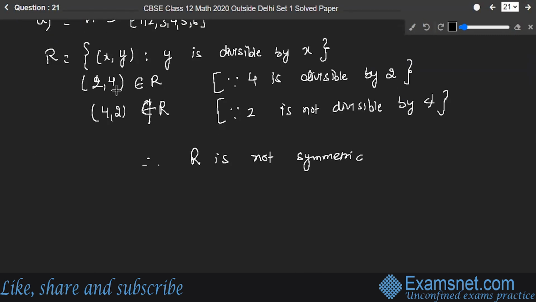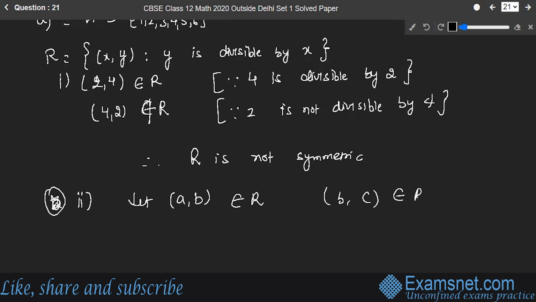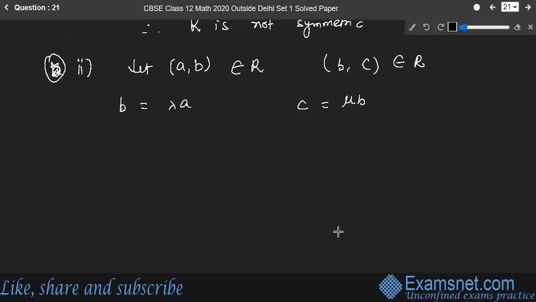Let's check with the transitive. So I'll say, let the second part of it be: let (A, B) belong to R and (B, C) belong to R. Let's say B = λA and C = μB. Now C = μB, or C = μλA.